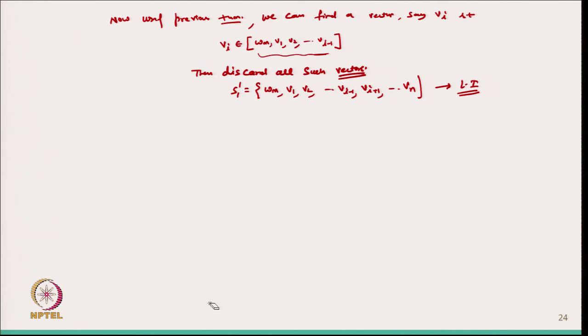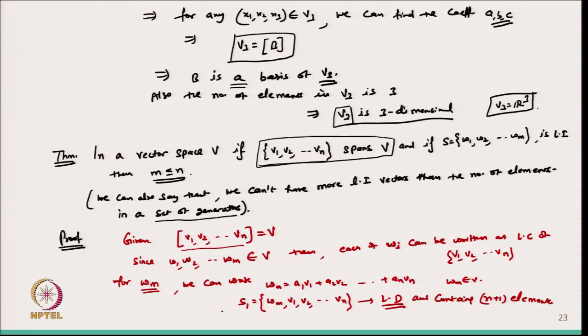Now, again we choose Wm minus 1. Also, the span of S1 dash is the same as the span of S1, because this is my S1 and I have removed the linearly dependent vector from here.